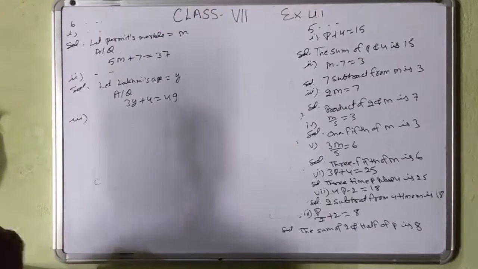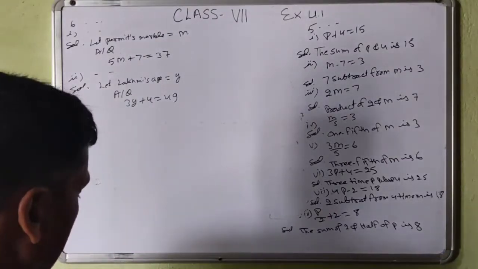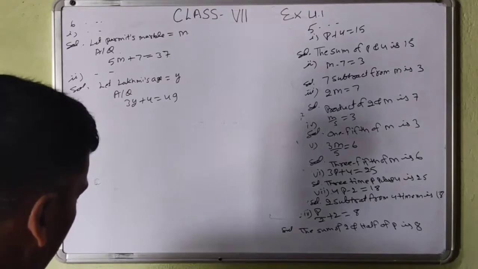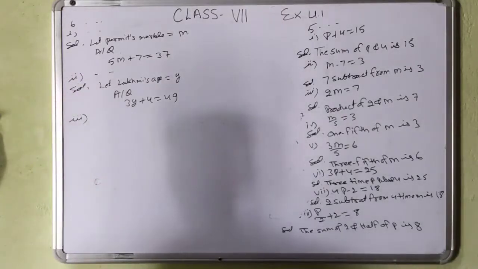Third part, the teacher tells the class that the highest marks obtained by a student in her class is twice the lowest marks plus 7. The highest score is 87.